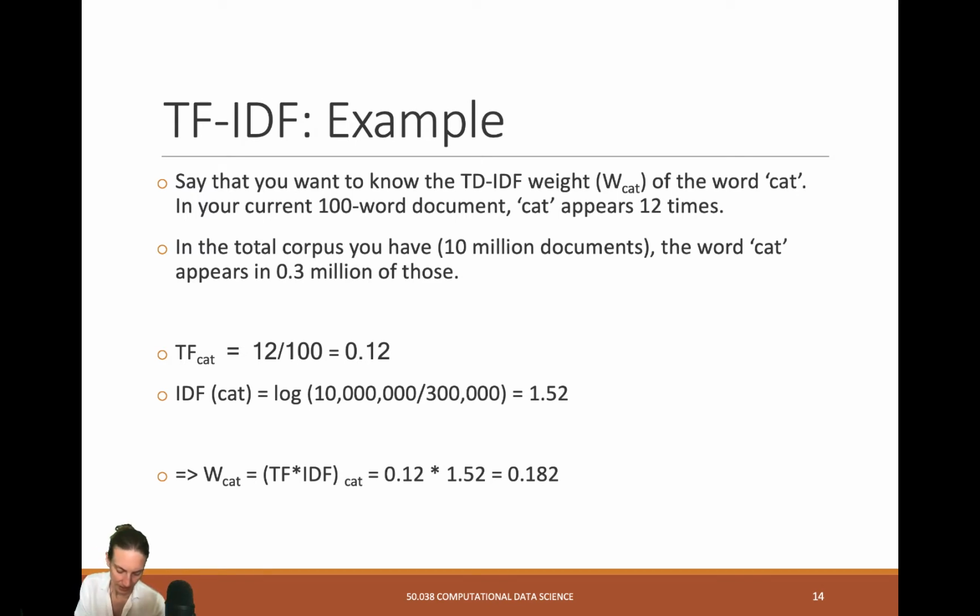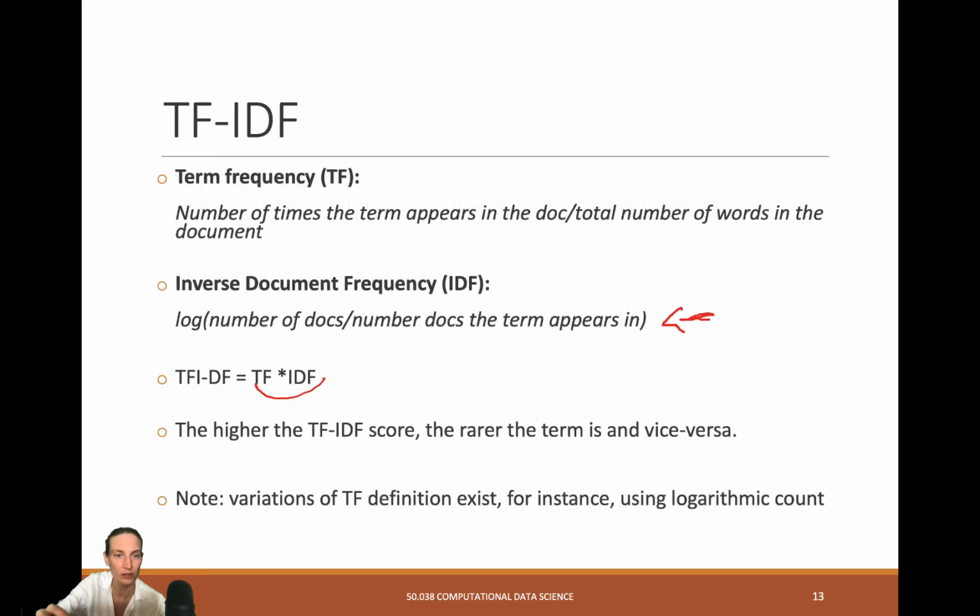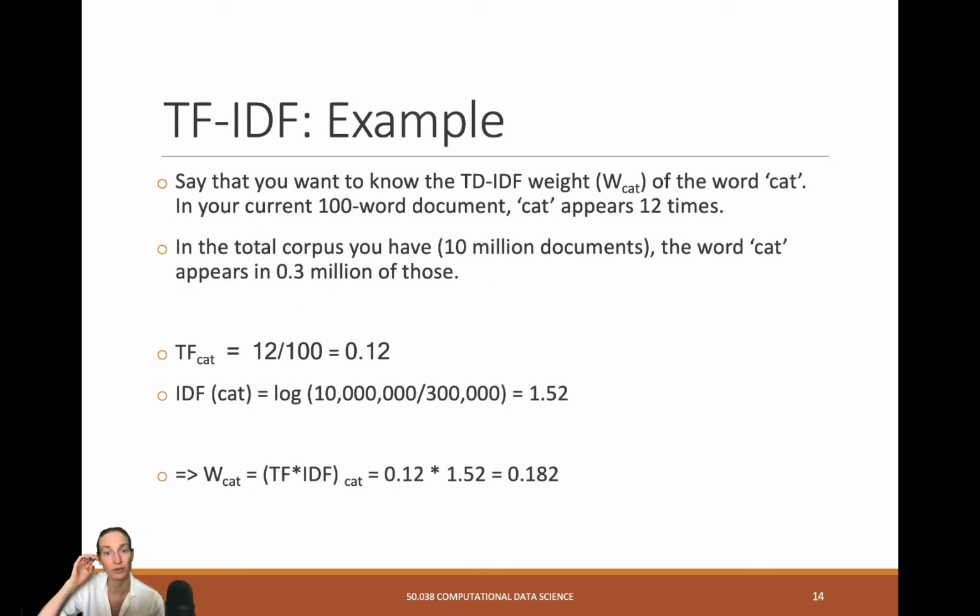TF, term frequency of cat. Look back at the previous slide. Term frequency is the number of times the term appears in the document divided by the total number of words in the document. We have a 100-word document and cat appears 12 times, so our TF is 0.12.